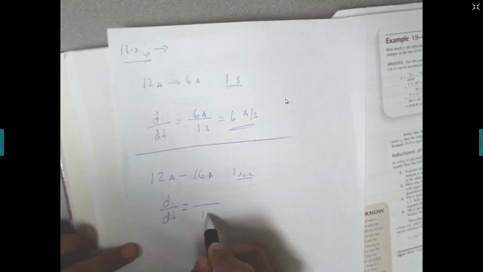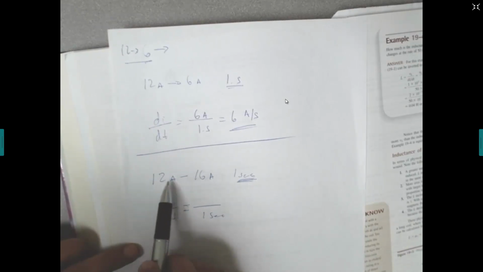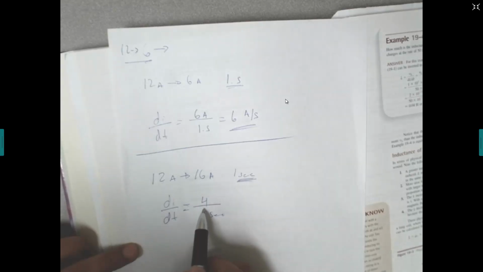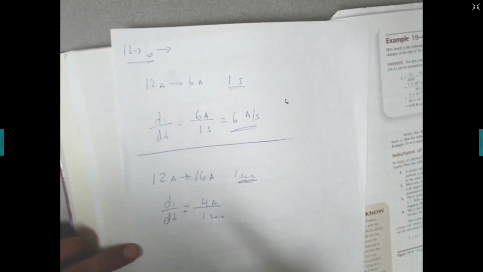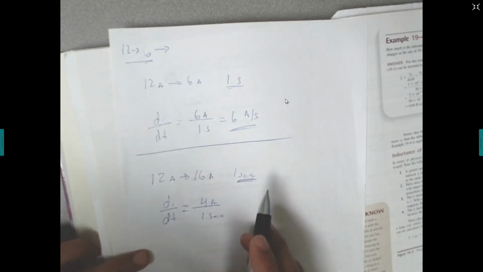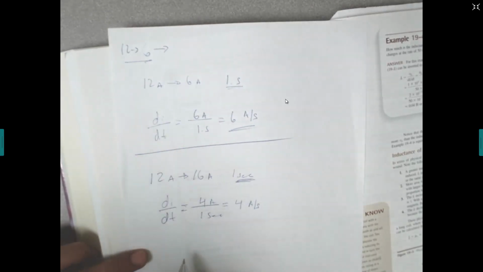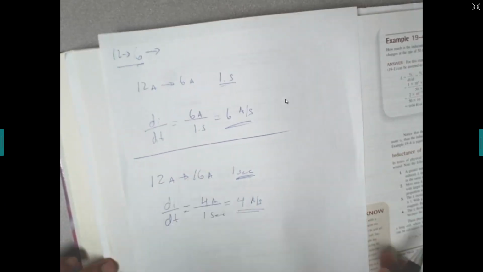So in 1 second, the change of the current was from 12 to 16. That is 4 amperes, right? And the time it took was 1 second. So the answer will be 4 amps per second. This would be the rate of change of current per second.